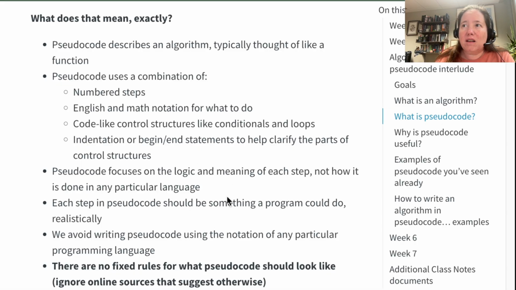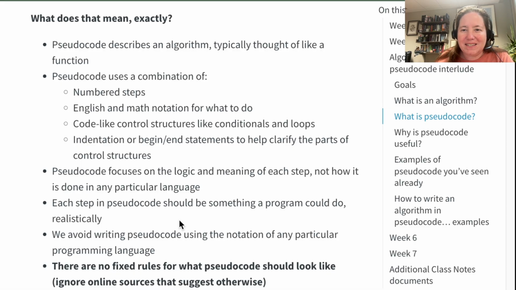We focus on logic and meaning, and what is the meaning of each step, and not exactly how you would perform that step in any particular language. But we do want our steps to be detailed. We want this to be detailed enough that we can look at each step in the pseudocode and say, yeah, that's something I think the computer could do with 1 or 2 lines of code realistically.